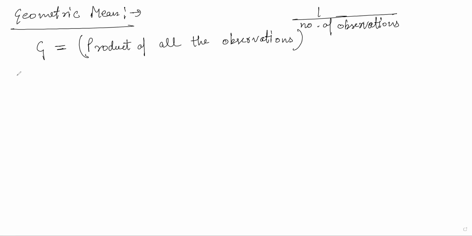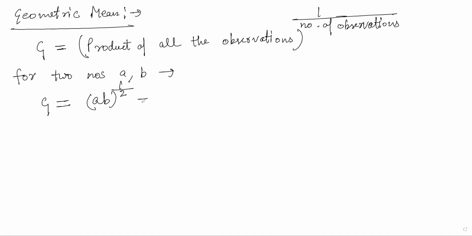So let's say you want to find out geometric mean for two numbers, A and B. So their geometric mean is their product, which is A into B to the power 1 upon total number of observations, which are 2.